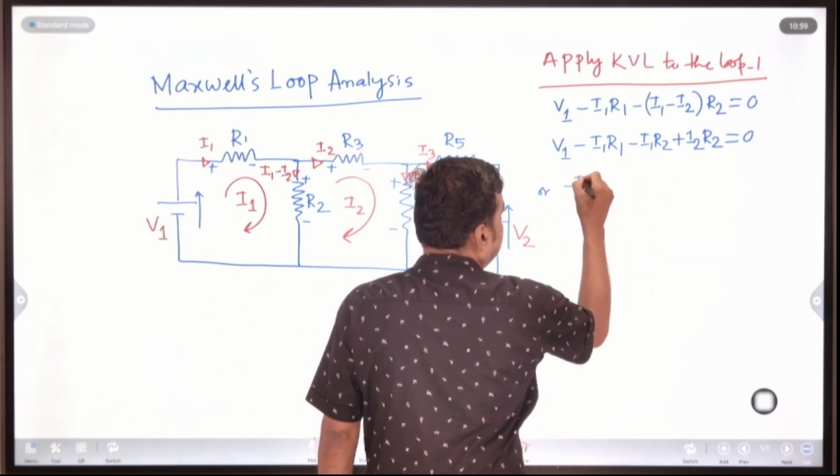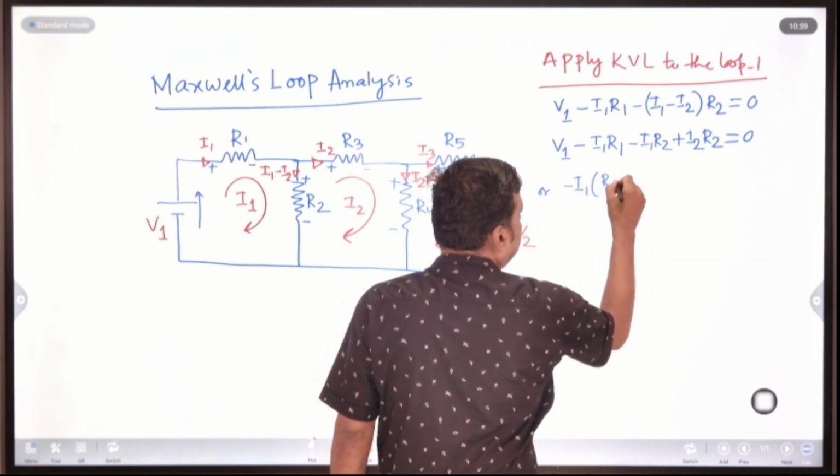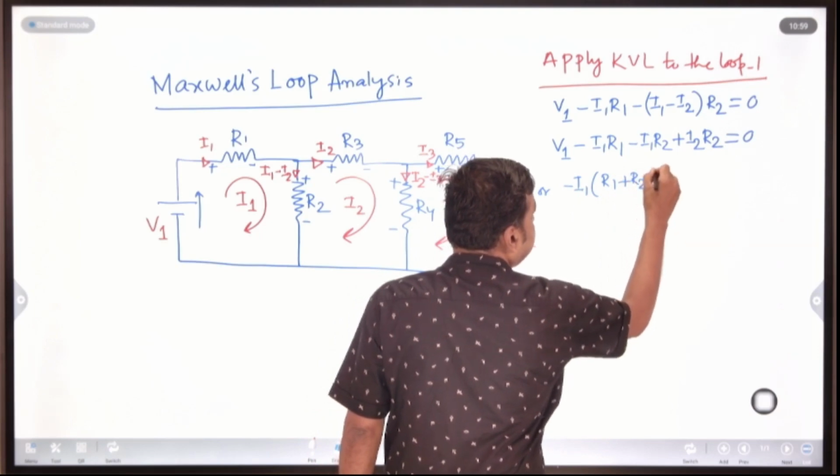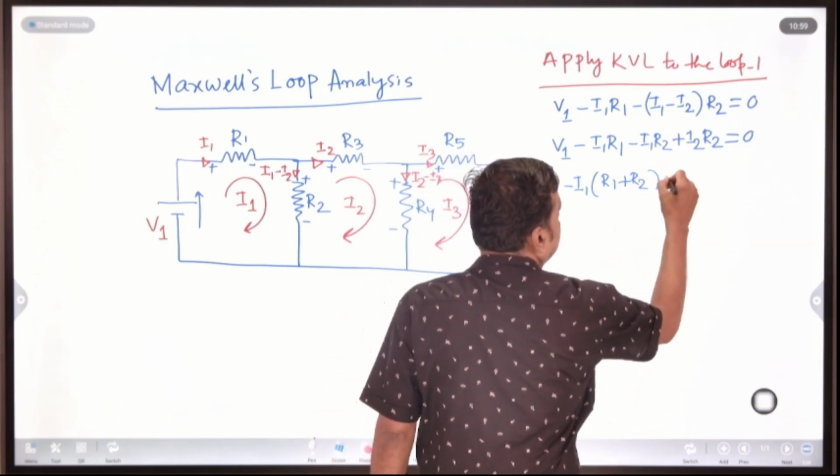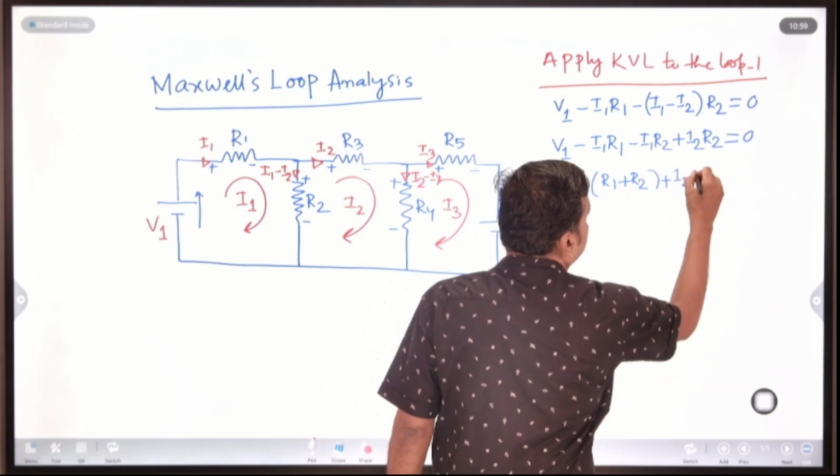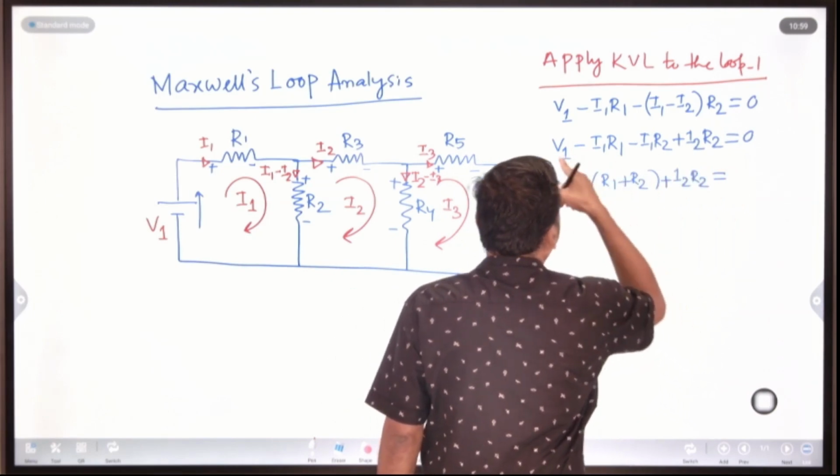If minus I1 taking common, that is your R1 plus R2, plus I2 R2 equal to plus V1.